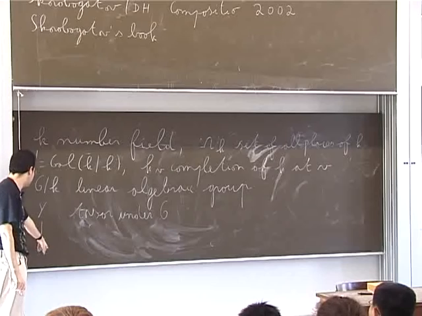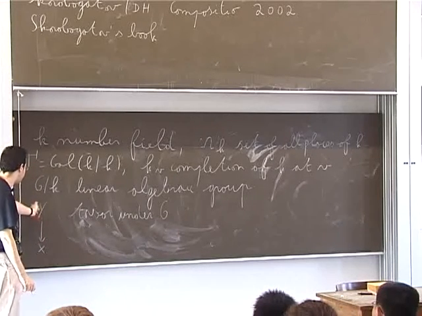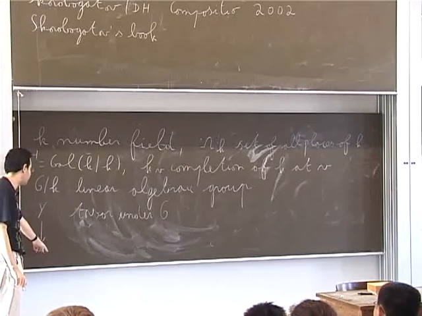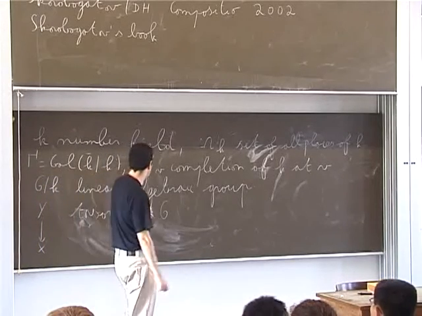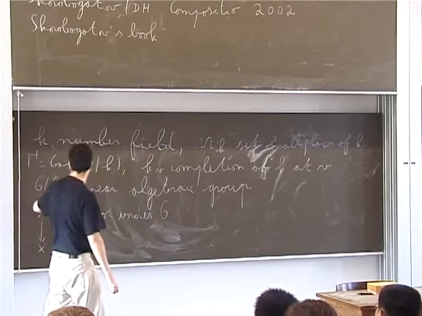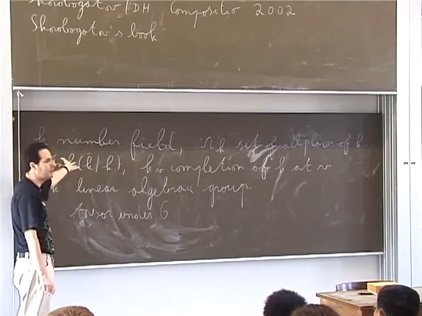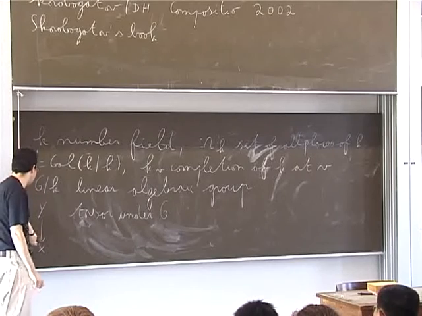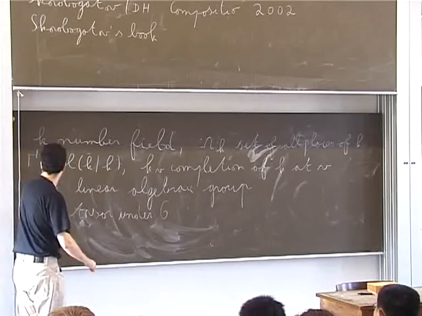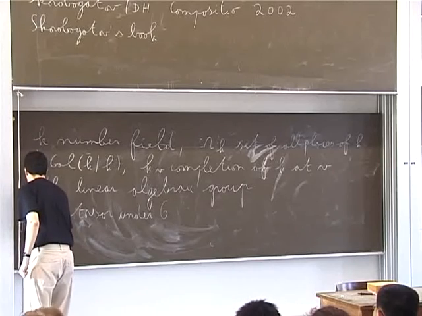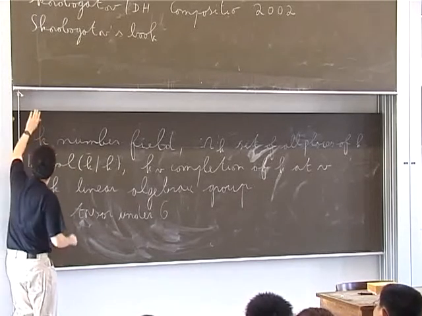This means that if you take a k-bar point on X and look at the k-bar points on Y over it, if you take two such points, there is one and only one element in G of k-bar sending one point to the other one. But for this definition, you have to work over k-bar because, for example, it is possible that X has no rational point at all. So I call this morphism F, from Y to X. This is the torsor morphism.